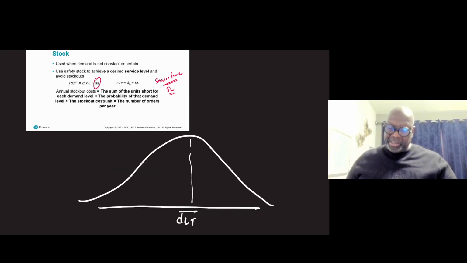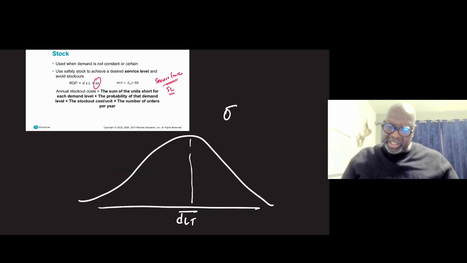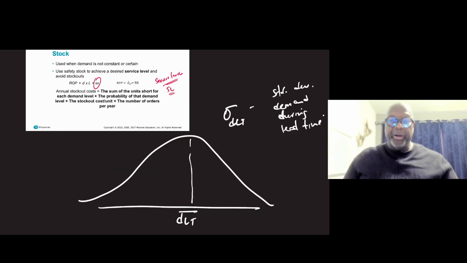I'm going to put it as DLT bar because it's an average. And then there's sigma DLT, which is the standard deviation of demand during the lead time.